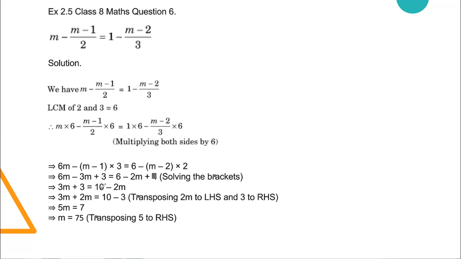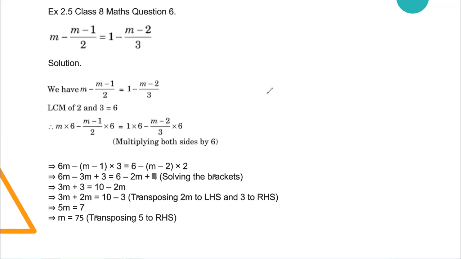It's quite simple. Bring all the variables to one side and all the constants to the other side. Now, to do that, what will you do? You just transpose 2m towards the LHS side. You must remember it is minus 2m, so it converts to plus 2m. And now we transpose plus 3 towards the RHS, which converts to minus 3.